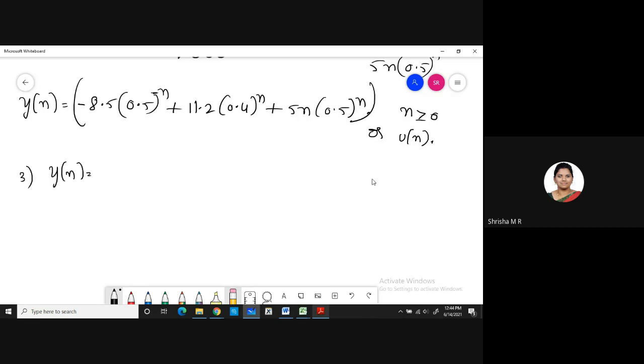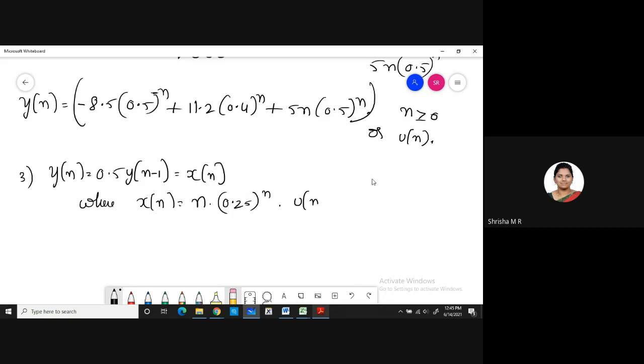So y of n minus 0.5 y of n minus 1 is equal to x of n, where x of n is equal to n into 0.25 to the power of n into u of n. And the initial condition given is y of minus 1 is equal to minus 1.